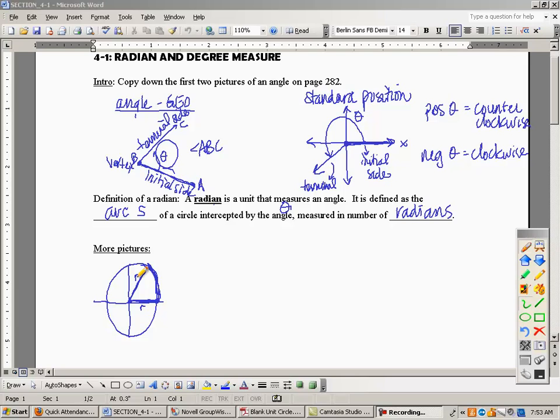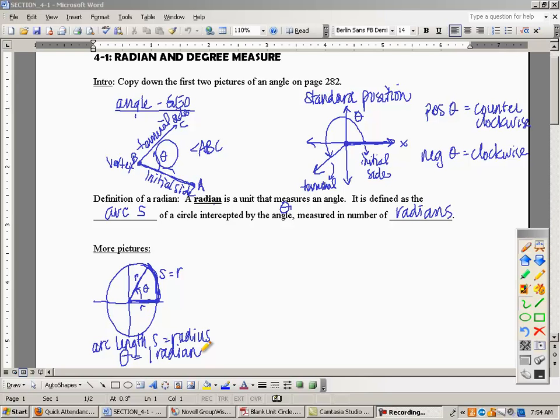So this is also my radius, and my goal is to make this arc length s the same thing as the radius. If that's the case, then this would be my angle theta in radians. So our goal again, let's write this out: the arc length, which we call s, we want it to equal the radius of the circle. And if it does equal the radius, then my theta, my angle, is 1 radian.